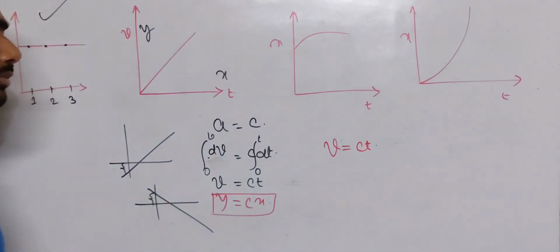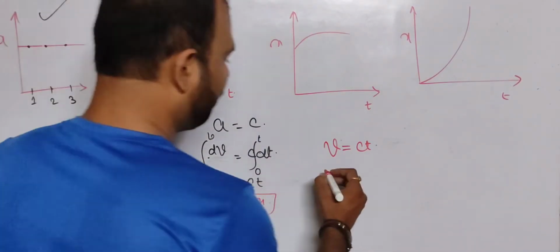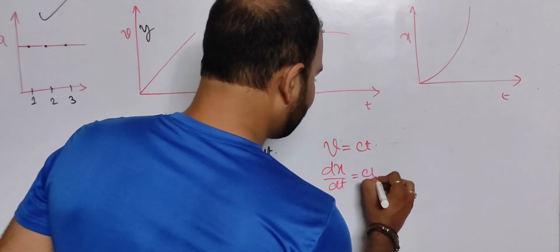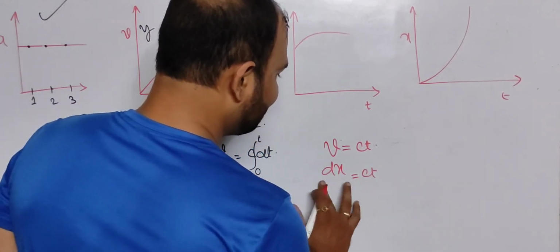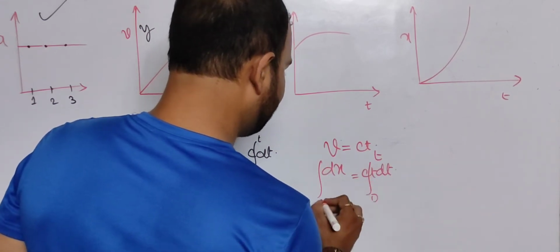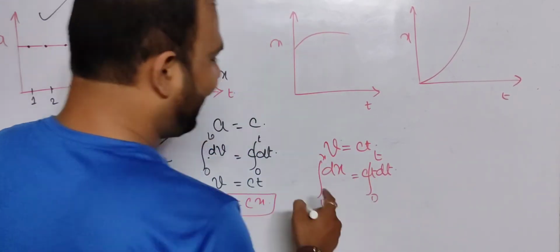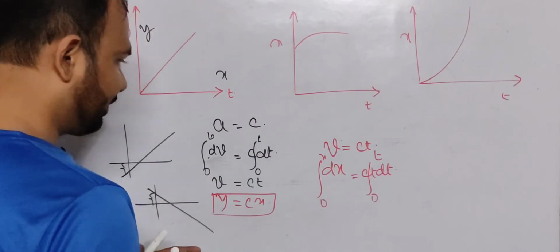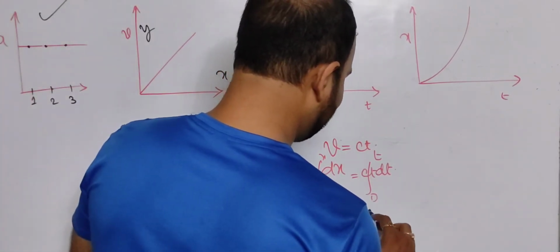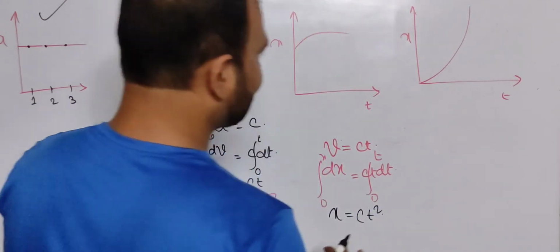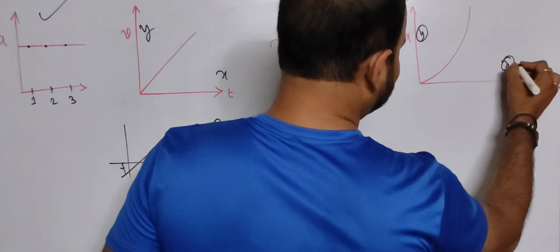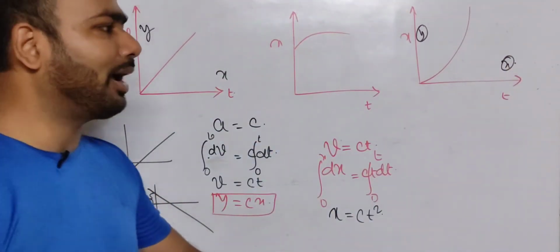It is correct. We have to replace v by dx by dt equals ct. If we remove this dt and integrate both sides, 0 to t and 0 to x, that will be x equals c t square over 2, x equals c t square. This is the expression. Now this is the y-axis and this is the x-axis. This is the expression of a parabola.